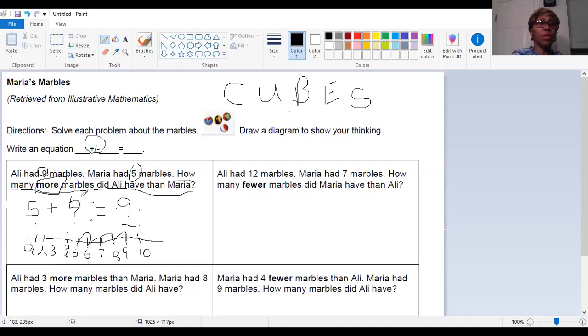So this number here is 4. Guess what? It's the same as when we did 9 minus 5 equals 4. You still got 4 when you subtract it, and you still got 4 when you add it. So how many more marbles does Ollie have than Maria? 4.